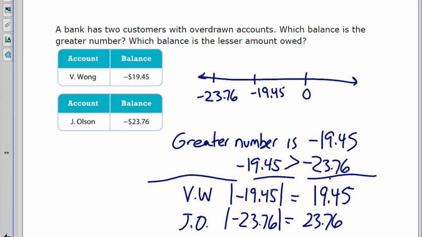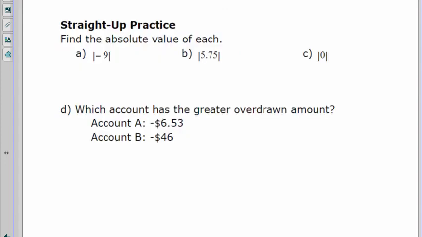So the lesser amount owed is here. Negative $19.45 is greater than negative $23.76. But if you're looking at it from the perspective of how much is owed, well, the lesser amount owed is the $19.45.